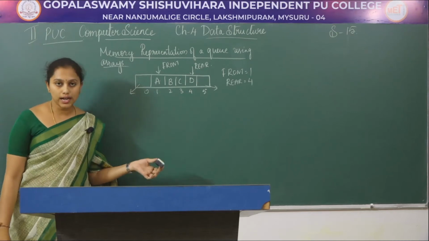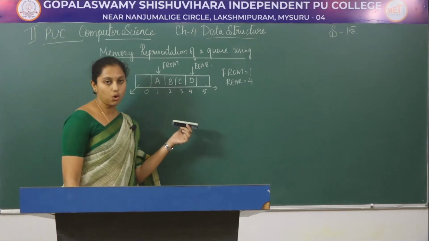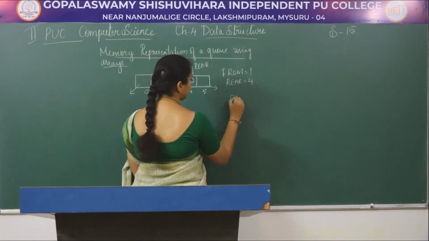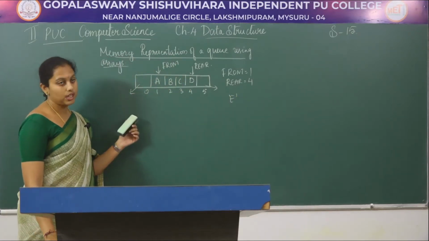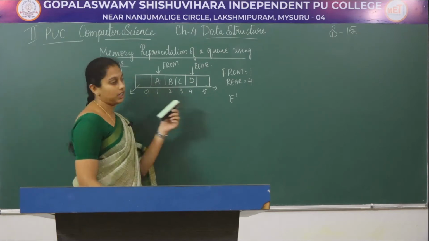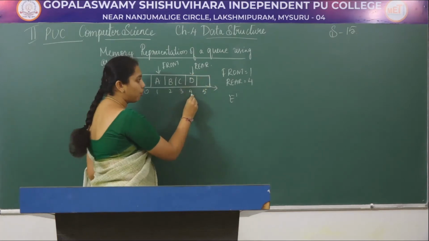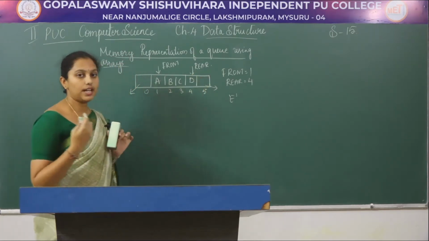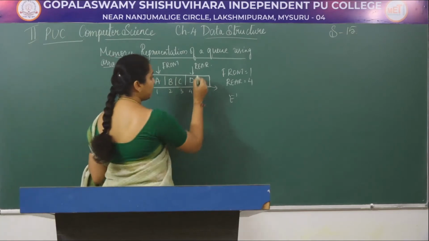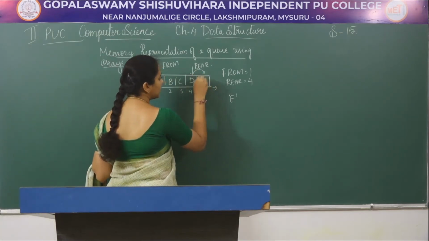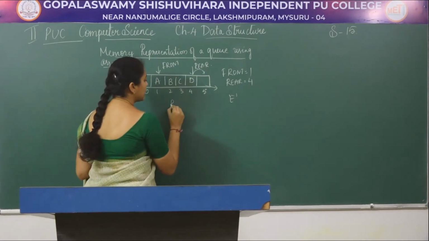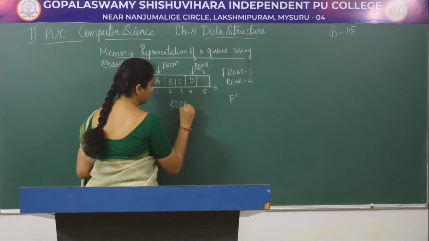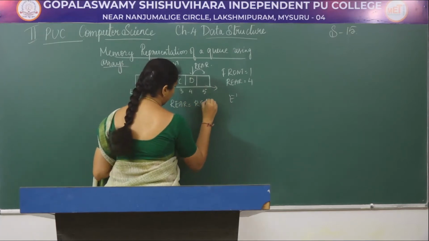If I want to add an item called E, then what do we have to do? We have to increment the rear pointer. Now the rear is 4. So if I want to insert an item into the queue, I have to increment this rear by 1. That is rear is equal to rear plus 1.